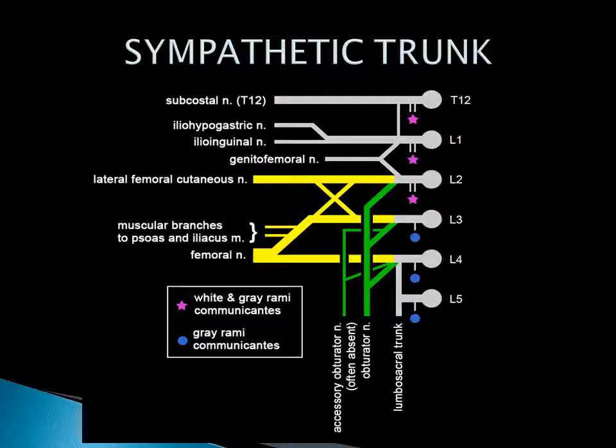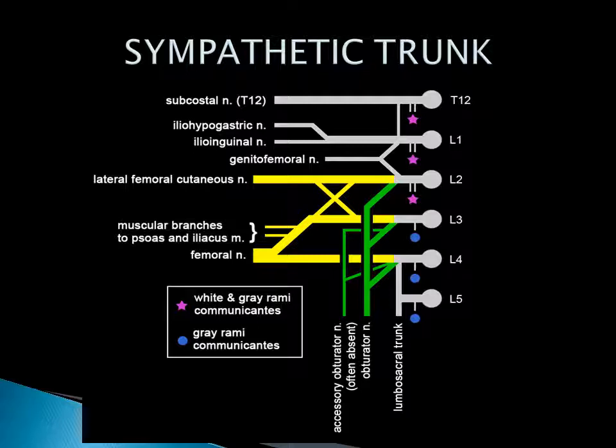Now, in spinal levels above L1 or L2, the autonomic motor neuron leaves the ventral root in the white ramus communicantes and enters the sympathetic ganglion. From there, the axon of this motor neuron can have one of several fates.